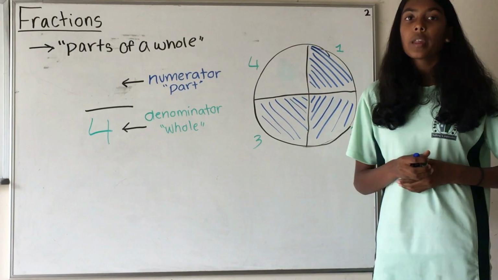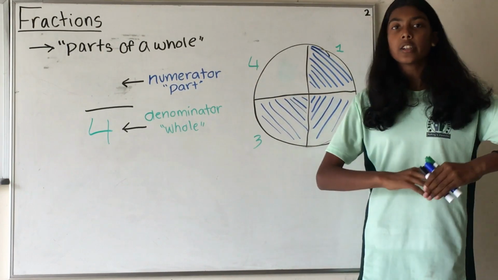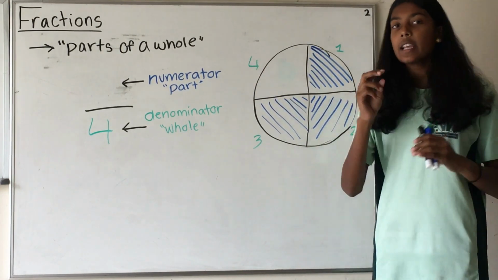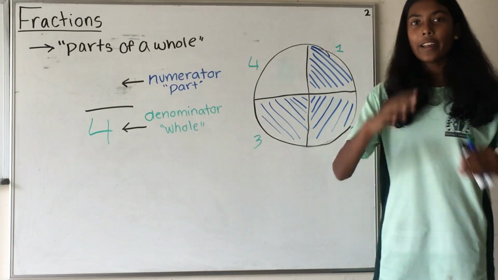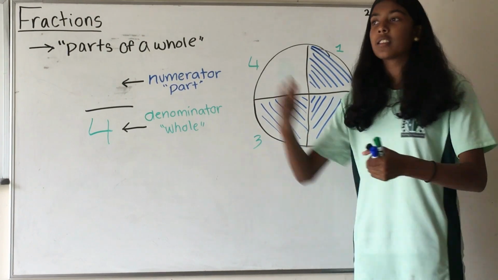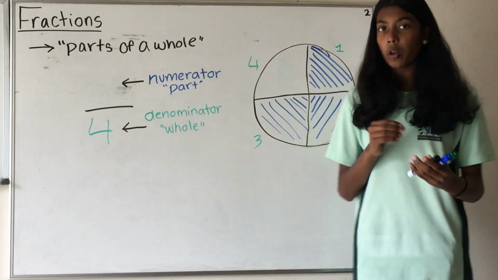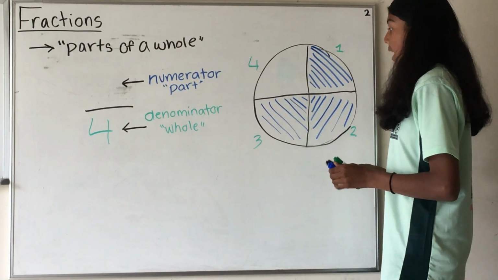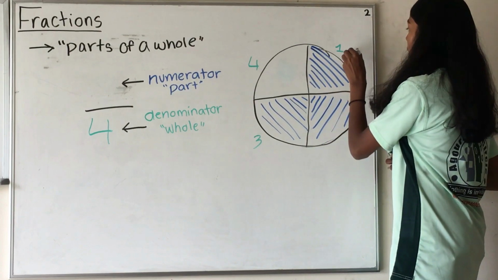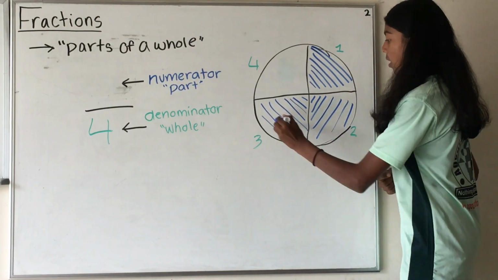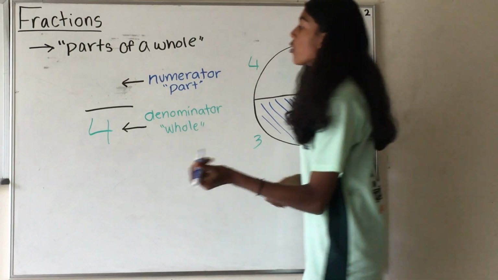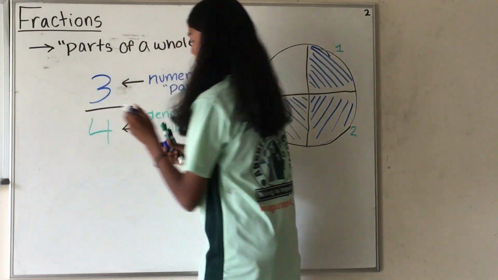Now let's count for the numerator. The numerator is the number that goes on the top. It's the part of the fraction which represents the parts of the whole. And let's count how many that he ate. He ate 1, 2, 3. Meaning our numerator is 3.